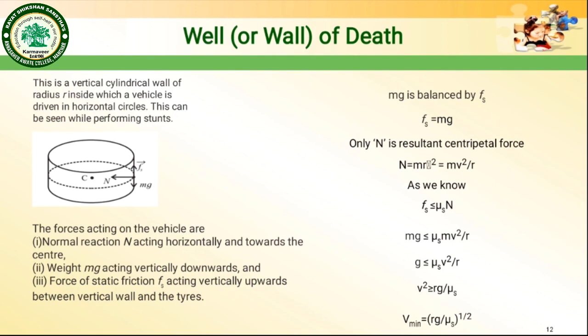Rearranging the above equation, we get v square is greater than or equal to Rg upon mu s. After this, taking the square root, we get V minimum is equal to (Rg upon mu s) raised to 1 half, or we can say that V minimum is equal to the square root of Rg upon mu s.